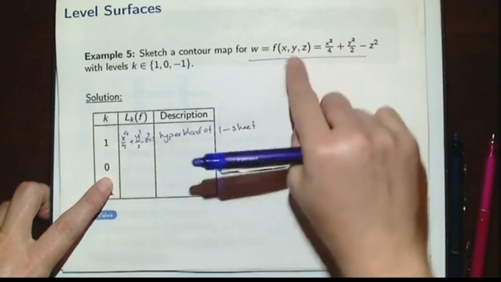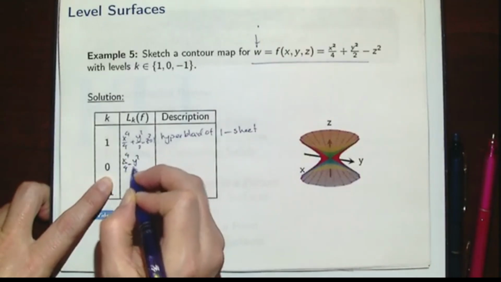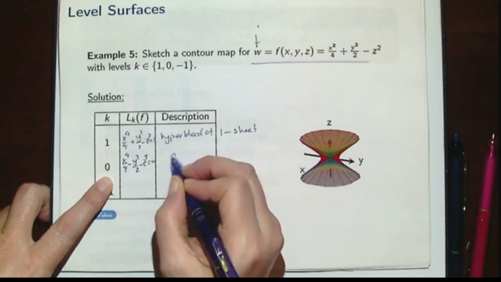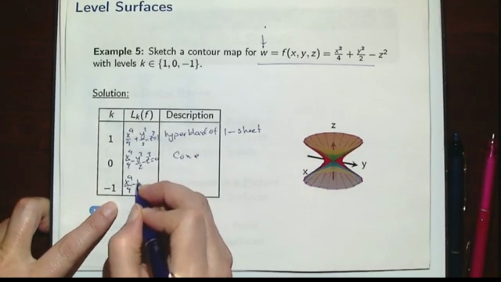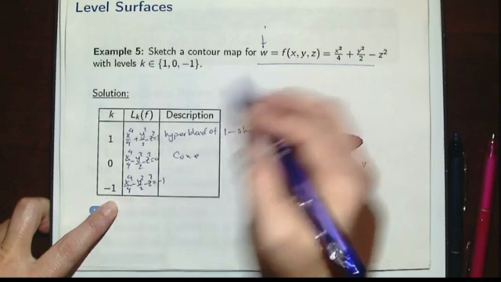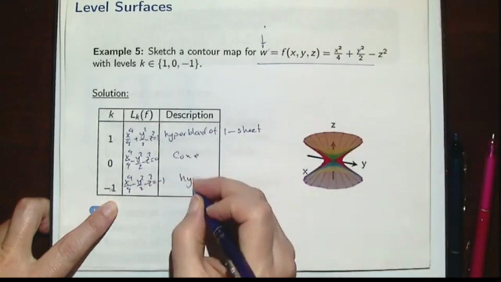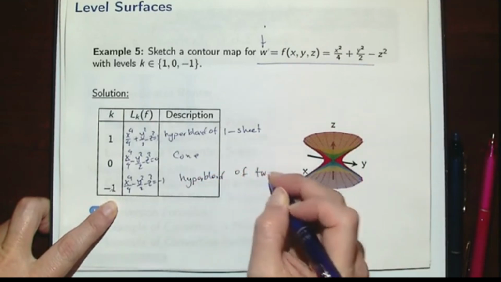Then it said L0, so I set W equal to 0. What shape is that? Are we good with that? Cone. Then x to the 4th over 4 plus y squared divided by 2 minus z squared equal to negative 1, because negative 1 goes in here, and that's a hyperboloid of 2 sheets.